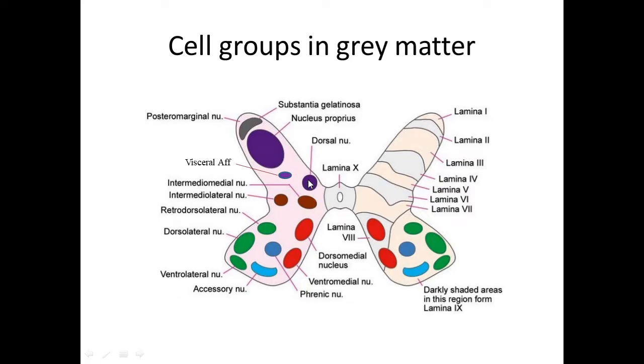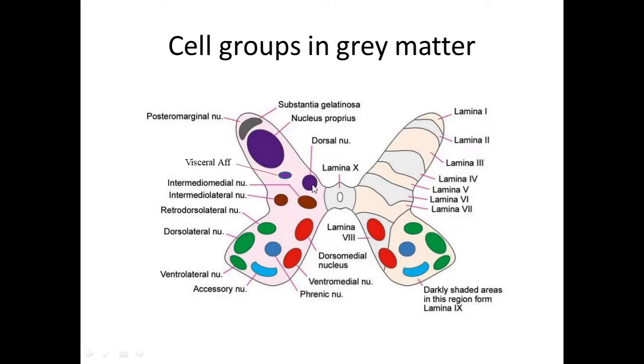Then the next nucleus is the dorsal nucleus. It is also known as Clark's column. It extends from the C8 to L2 or L3 spinal segments. It receives proprioceptive sensations, that is the muscle and joint sense, and exteroceptive sensations like touch and pressure from the trunk and lower limb.